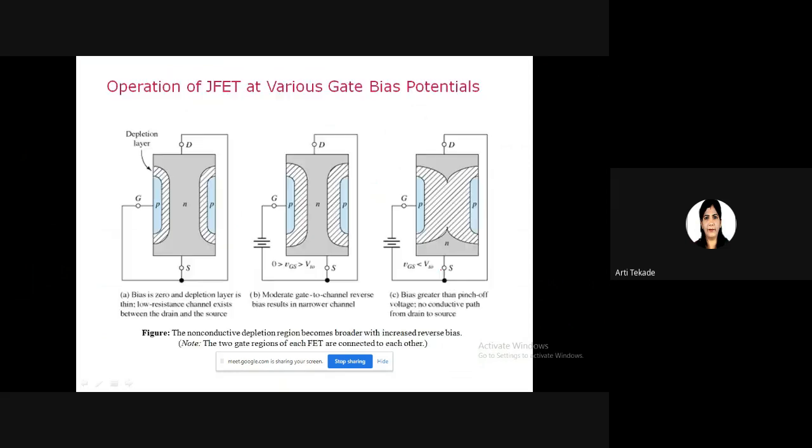Due to the PN junction, a depletion region will form, and as we have applied the VDS, the electrons start flowing from source to drain, and the current ID flows from drain to source. At this time the VGS value is 0. We have applied only the VDS.